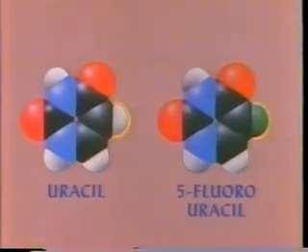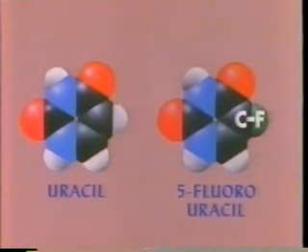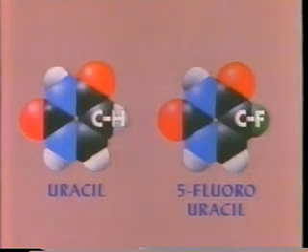First, the hydrogen and fluorine are almost the same size, so that both molecules should fit into the enzyme. Second, the chemistry of a carbon-fluorine bond differs from that of a carbon-hydrogen bond, so that the enzyme might find it difficult to replace the fluorine with a methyl group.